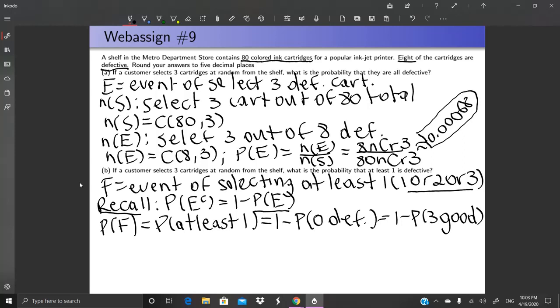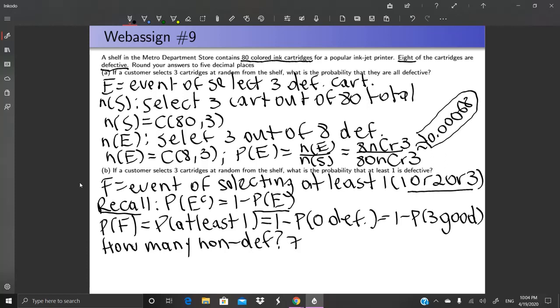Okay, now let's ask ourselves, how many are non-defective, or good as I call them there? Okay, so then we go back. We knew that we had 80 total and 8 of them are defective, meaning that 72 are non-defective, right?